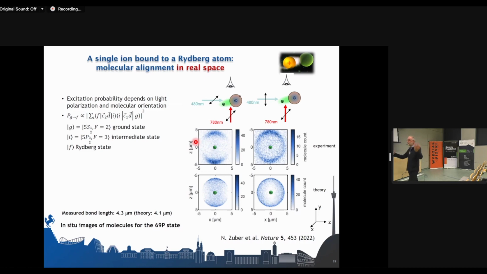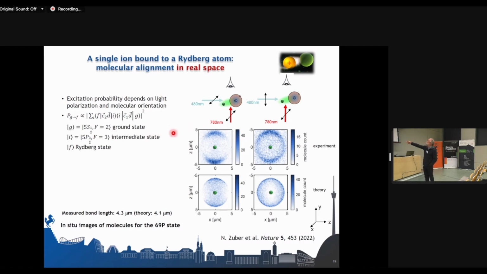Because we thought, okay, the electric field is round, so all this physics should be totally isotropic. So why do we see a molecule? This is the experimental data up here that shows what is called an alignment, a preferred direction somehow. Now, after thinking about it a little bit and doing some calculations, it became clear that it has to do with the polarizations of the exciting lasers.